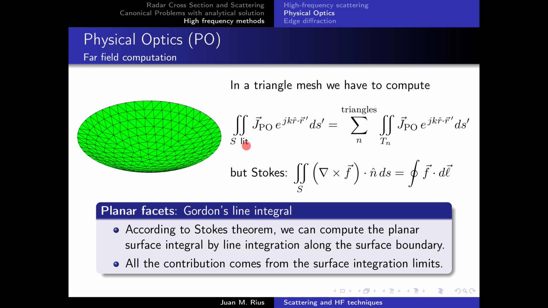So in order to compute the physical optics integral, you need to sum the contribution of all the triangles in this case, or just the quadrilateral facets in other cases. In this case you have to sum the contribution of all the triangles, and the contribution of each triangle is the integral of the physical optics current times the Fourier transform exponential on the surface of that triangle.